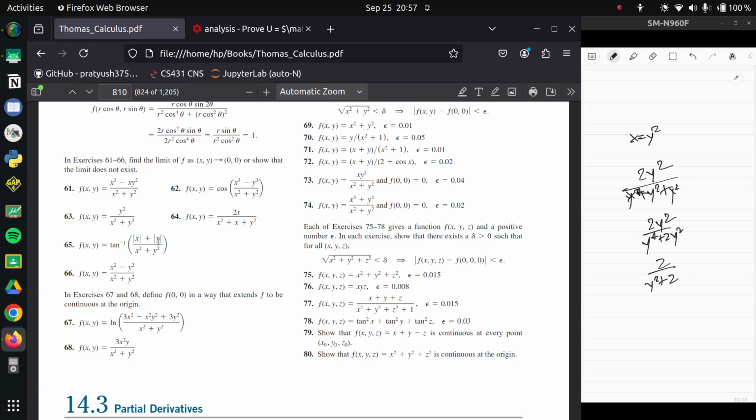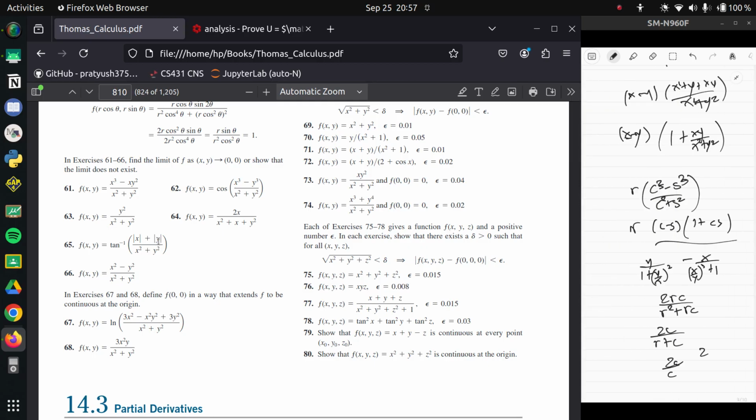So as this tends to 0, this tends to 1, which is different than what I got. Yeah, it didn't quite work out. What's going on? Yes, this limit does not exist, but the polar coordinate thing is giving us something weird.